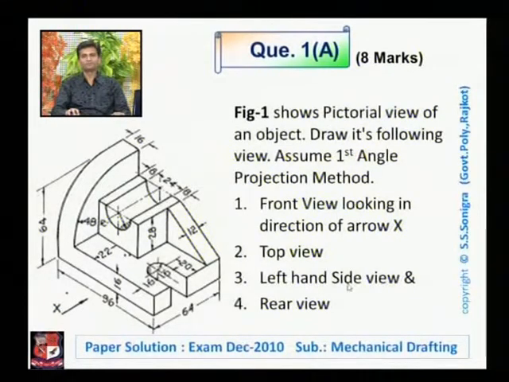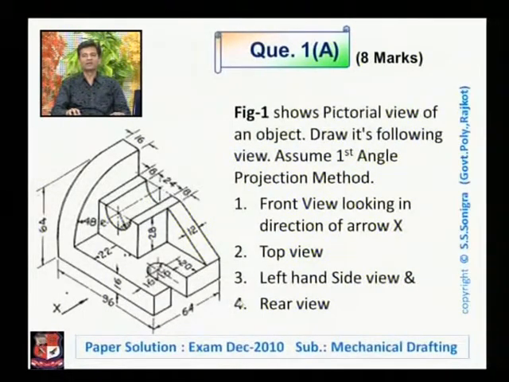Left hand side view should be drawn to the right side of front view in the first angle projection method. So here we will draw the left hand side view to the right side of this object, and in the left hand side view its width would be 64 mm and its height would also be 64 mm.